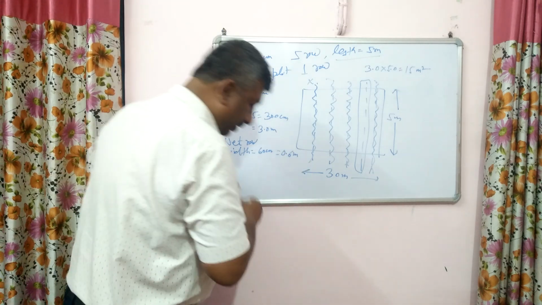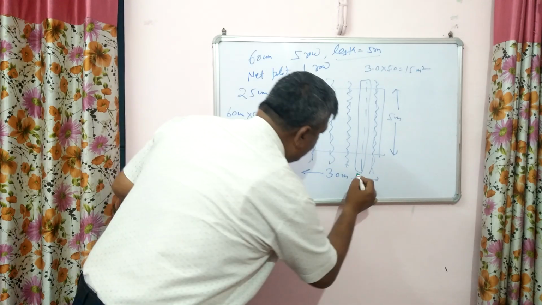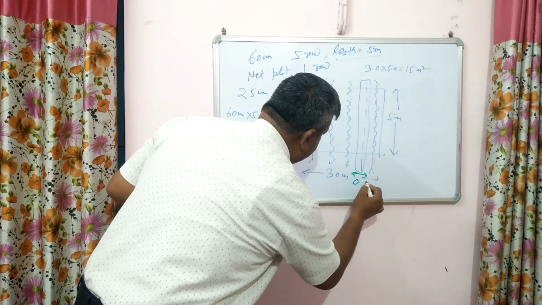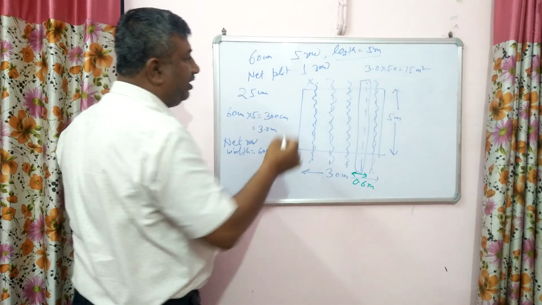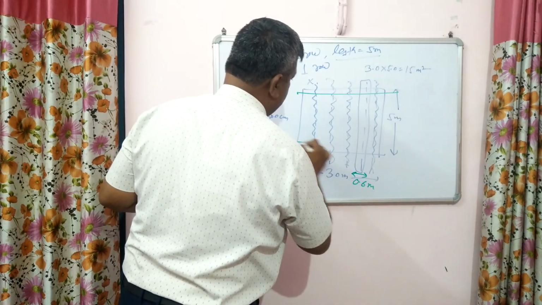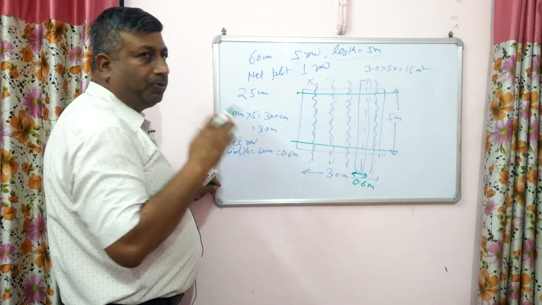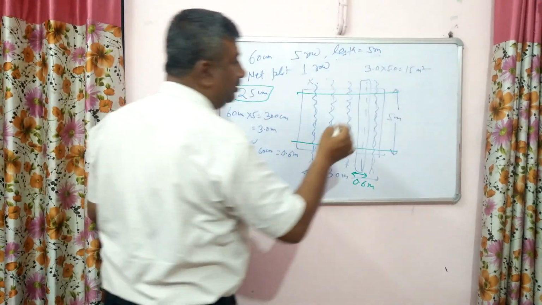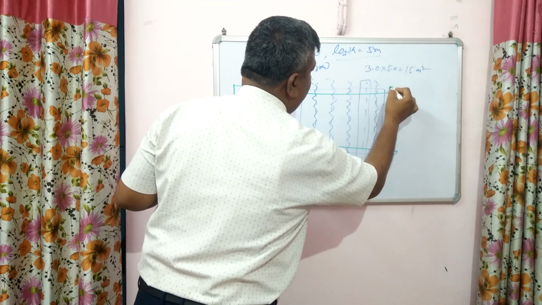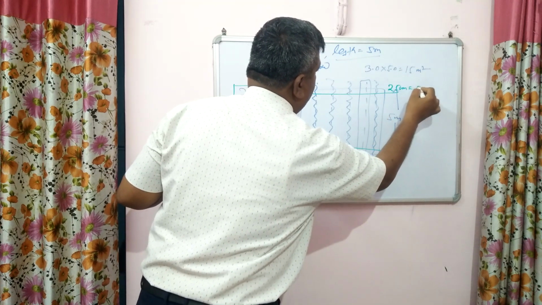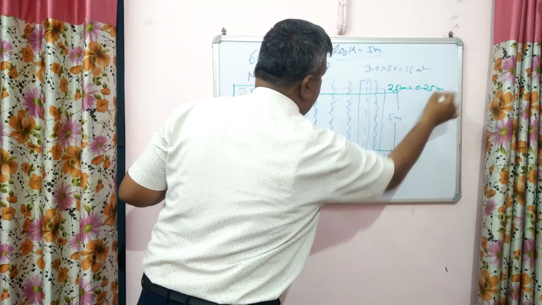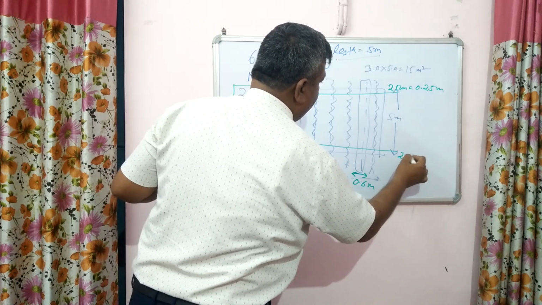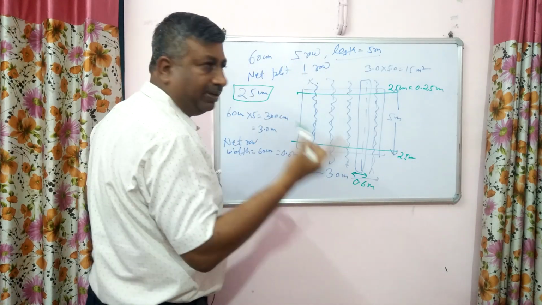So net plot में जो ये width आई, that is 0.6 meter. And leaving one plant from both sides. Here the plant to plant spacing is maintained 25 centimeter. So one plant spacing is 25 centimeter. It means we are leaving 25 centimeter here, means 0.25 meter. And we are leaving 25 centimeter here.